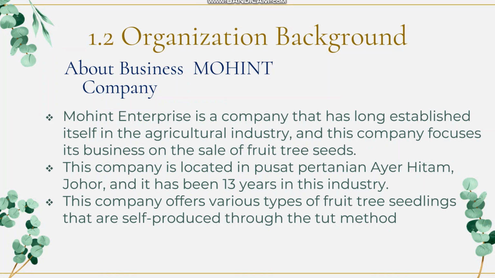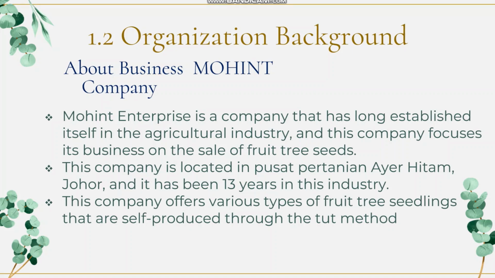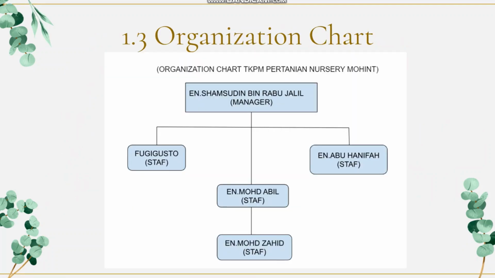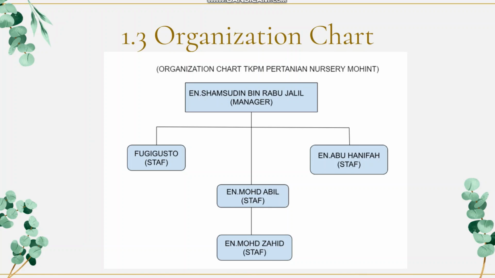This company offers various types of fruit tree seedlings that are safe products through the tooth method. As you can see on the slide, that is the organization chart for Mohint company from manager to staff.